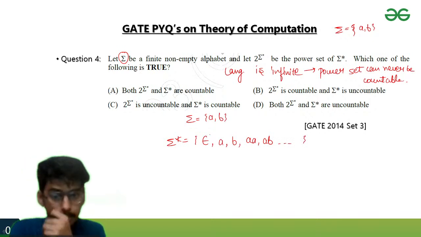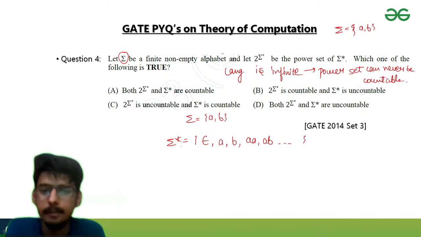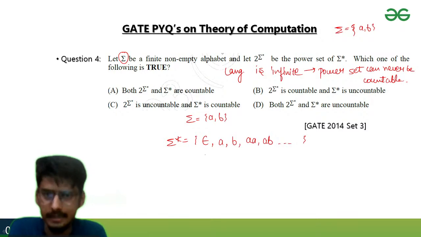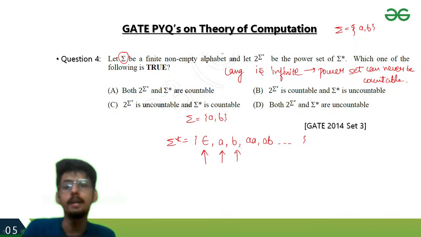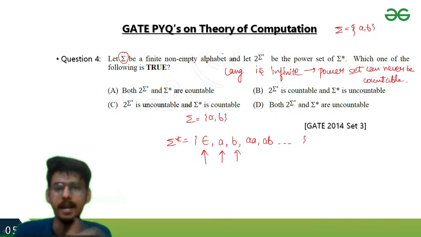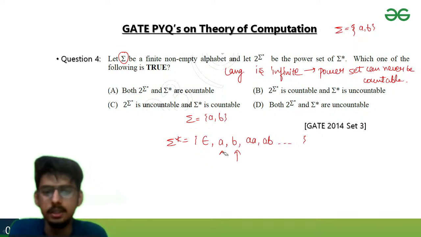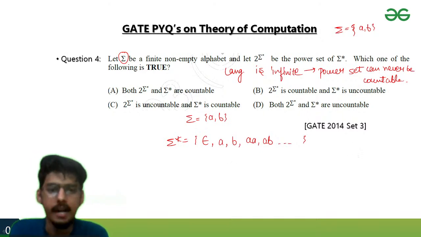Every element of this sigma star can be mapped to a natural number. And how will I do that? The natural numbers start from 1, 2, 3, and so on.